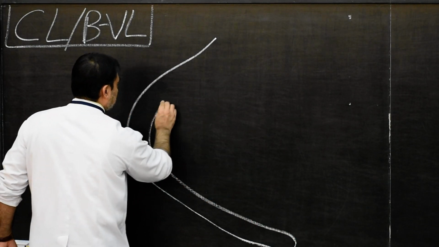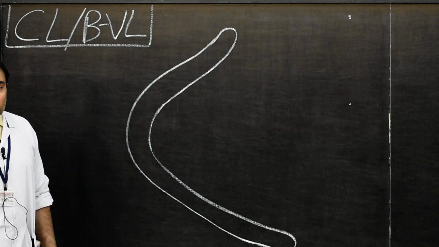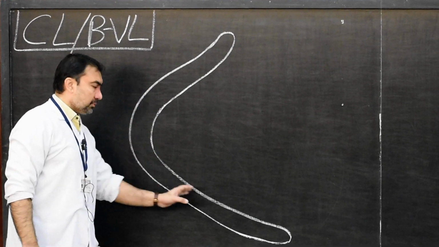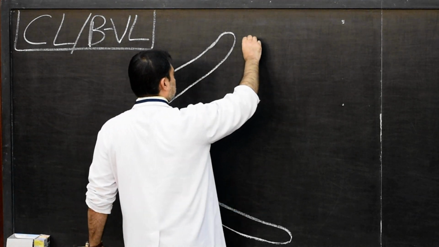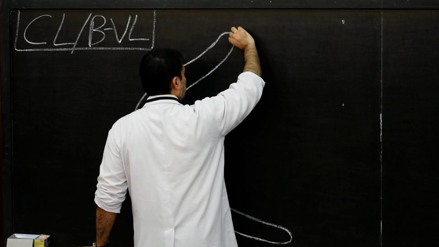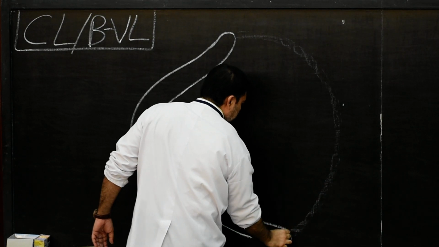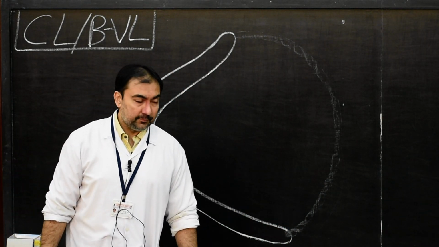So this will be our pericardial cavity, in which this will be the somatopleuric layer. Now, inside here we want to show that this entire dorsal wall will be occupied by splanchnopleuric layer of mesenchyme.